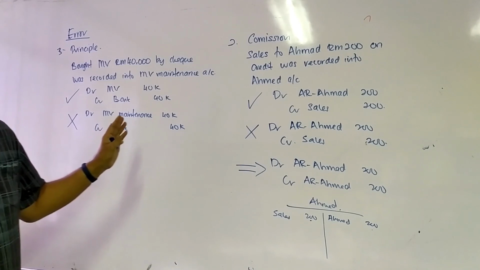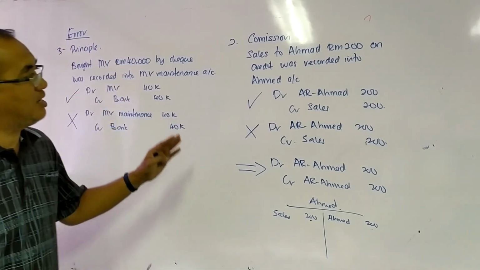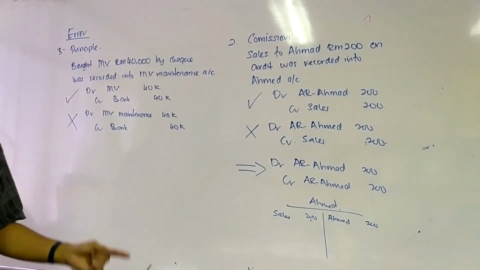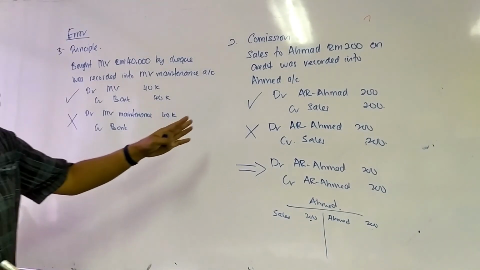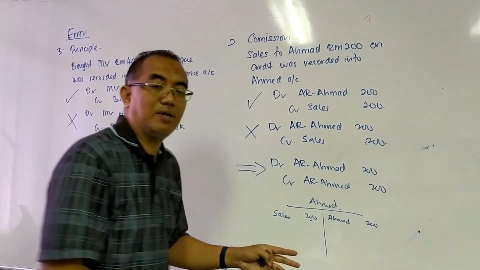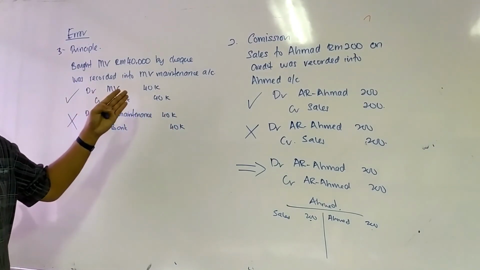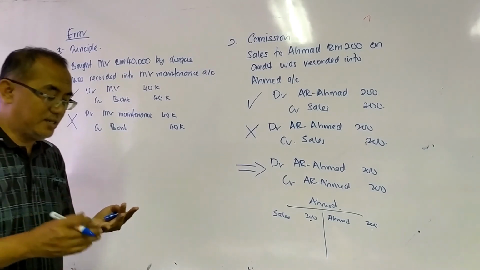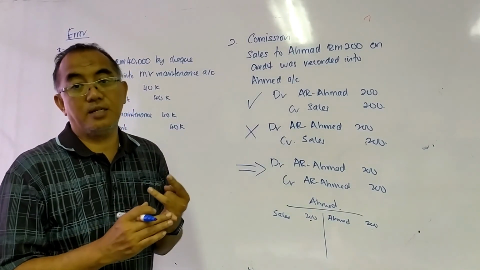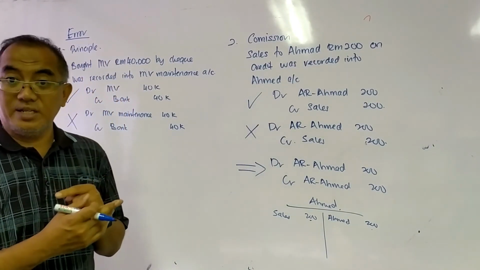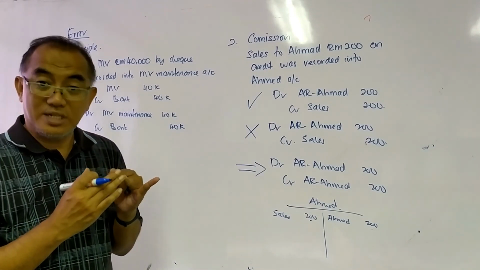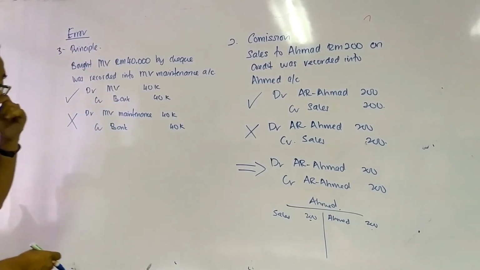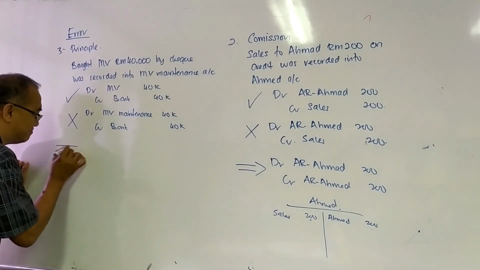So the correction is something like the error of commission. It's just that this is a different category, asset and expenses. But in nature, asset is still debit, expenses also debit. So how do you do the correction?